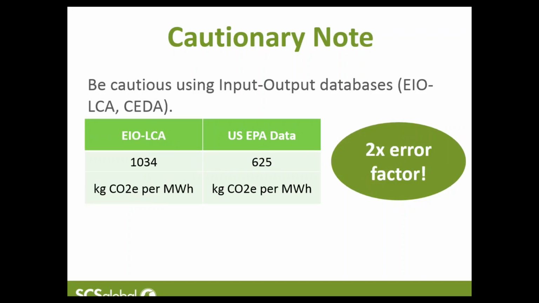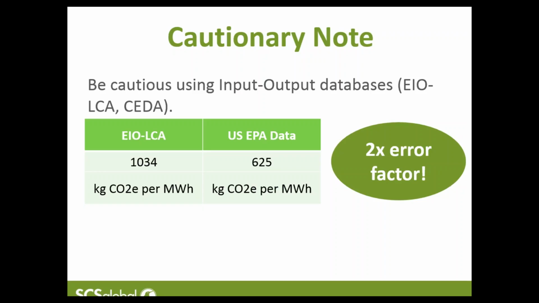So for example, this table shows for a commonly used LCA database, EIO-LCA, the kilograms of CO2 equivalents per megawatt hour of emissions for electricity use. We actually did a review looking at the site-specific U.S. Environmental Protection Agency data, the best type of data you could possibly get. We found it was almost barely 1/2 as much as the EIO data.